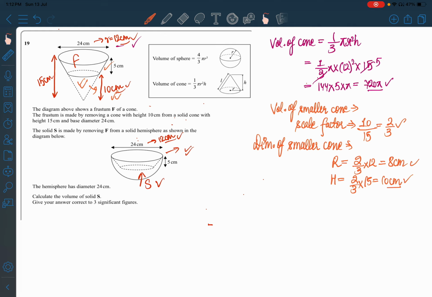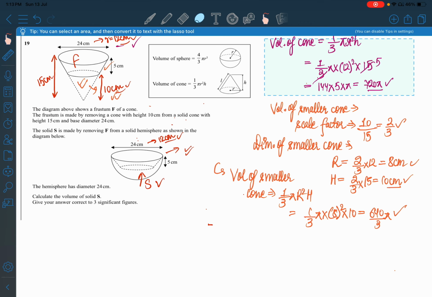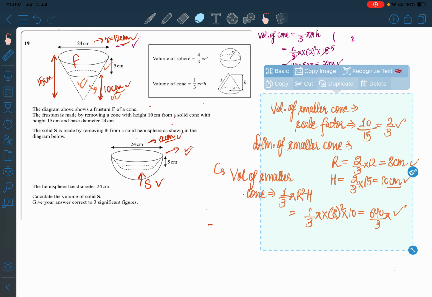Now we can apply the formula for the volume of the smaller cone: 1 upon 3 pi r square h, where r is 8 and h is 10. So that means 640 upon 3 pi. Now you know the volume of the smaller cone and the volume of the complete cone.